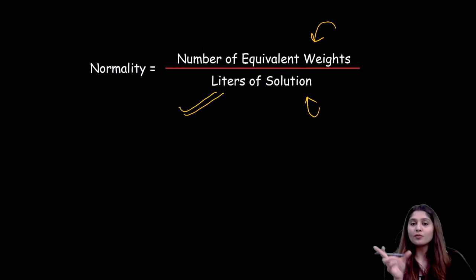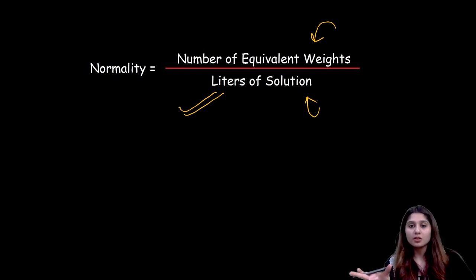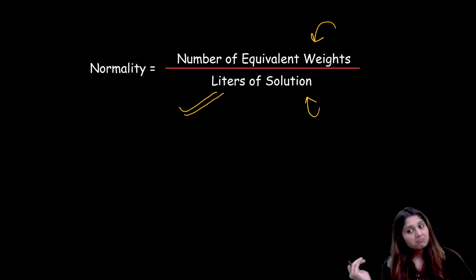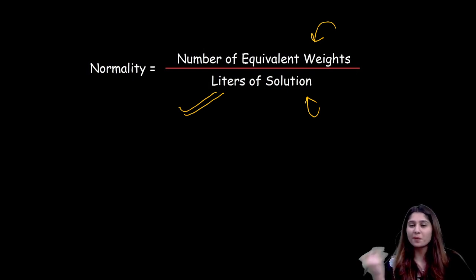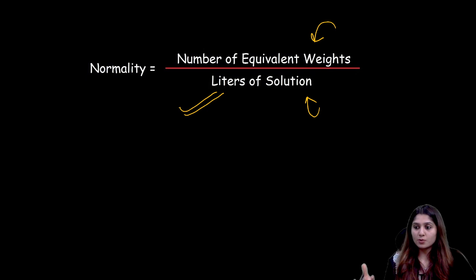Now this number of gram equivalents is different, because in the molarity case the numerator was number of moles. The denominator in both cases is the same, the volume of solution in liters, but the numerator has changed. In molarity it was number of moles, whereas here it is changed into something called equivalents or gram equivalents. Now let's try to understand what this term equivalence is, and how it is different from number of moles.